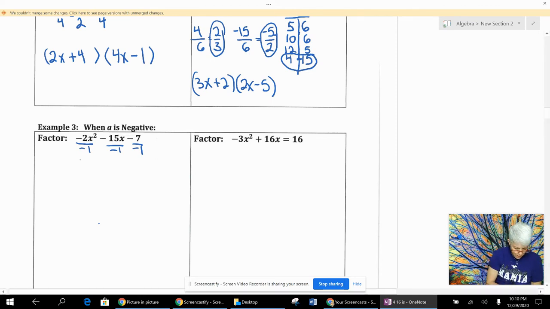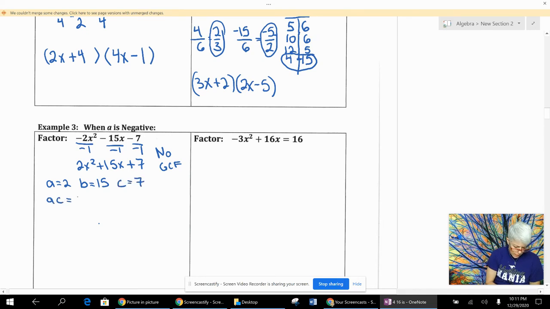So now I have 2x squared plus 15x plus 7. I don't have a GCF here, so there's no GCF. All right, so then what we got? We have A equals 2, B equals 15, C equals 7.